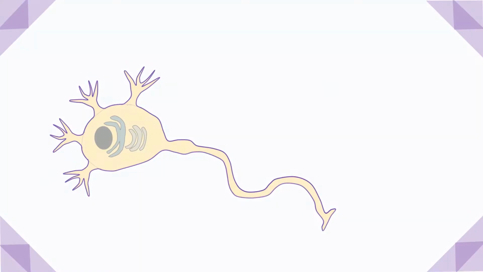This process of conduction is actually fueled by the action potential. That's because that signal can go through and move from one portion of the axon to the next.